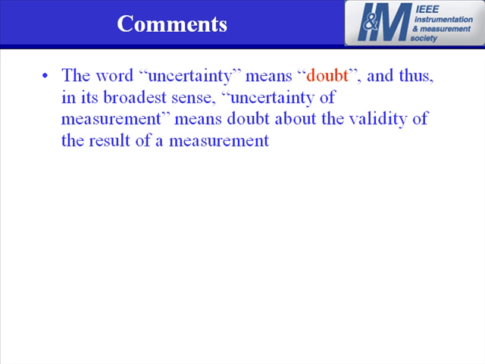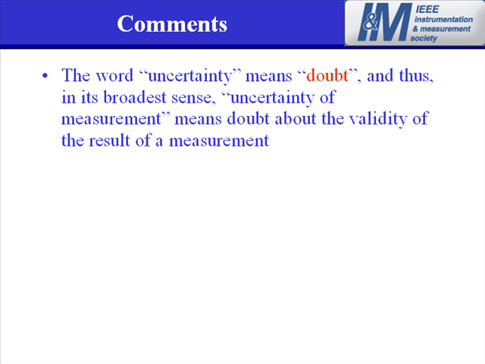If we look at the etymology of the word uncertainty, we realize that it means doubt. Thus, uncertainty of measurement means doubt about the validity of the measurement results. However, I don't like to approach uncertainty in this strict etymological way, although the VIM and the GUM do this. But doubts have a sort of negative implication, as if we can never solve them.